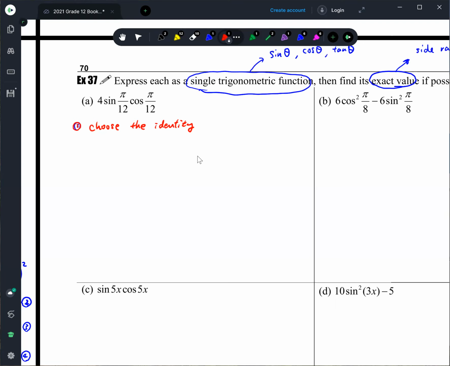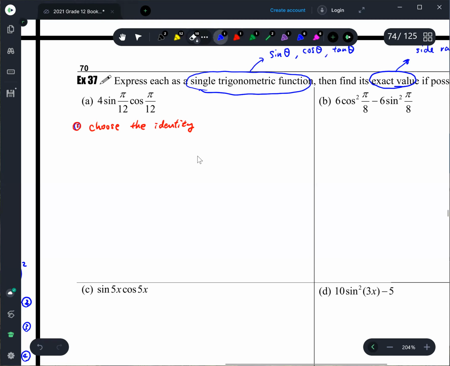Yeah, Eric? Is it the sine double? Can you tell us what's the identity for sine double? It's 2 sine A cosine A. Yes. So the first thing is to pick the one that is closest to it, because the question won't be exactly the same. 2 sine A cosine A equals sine double.